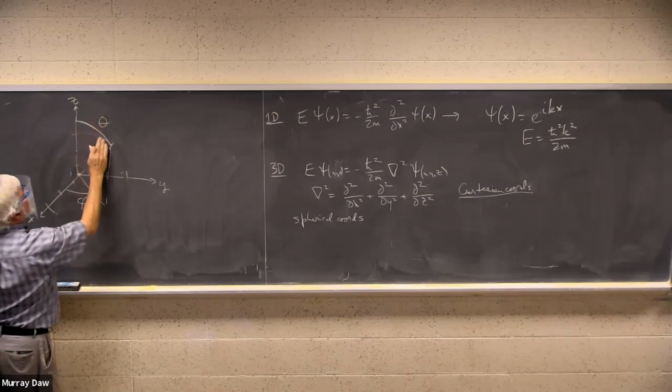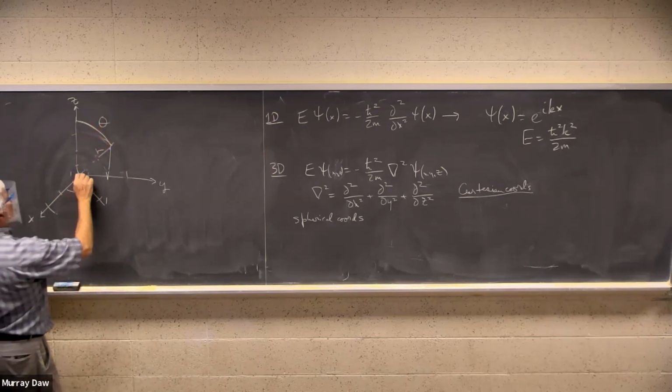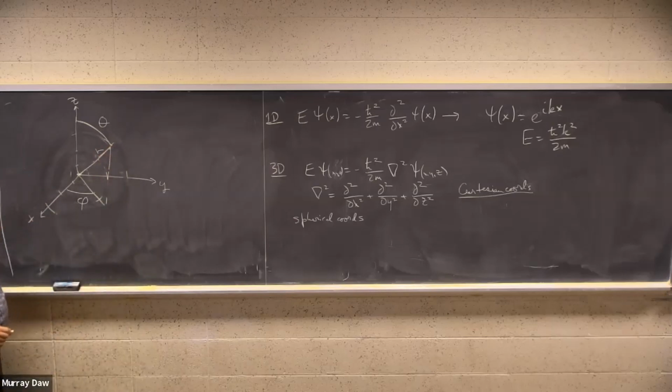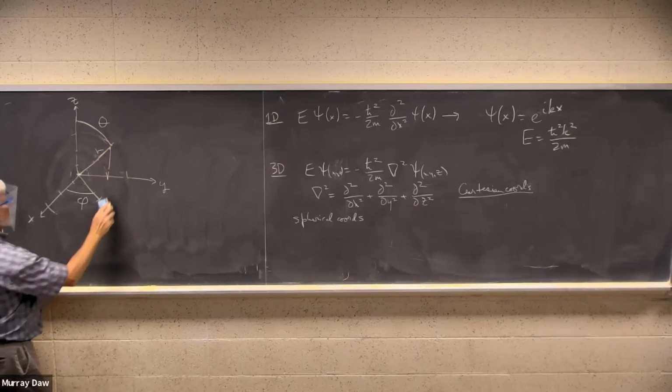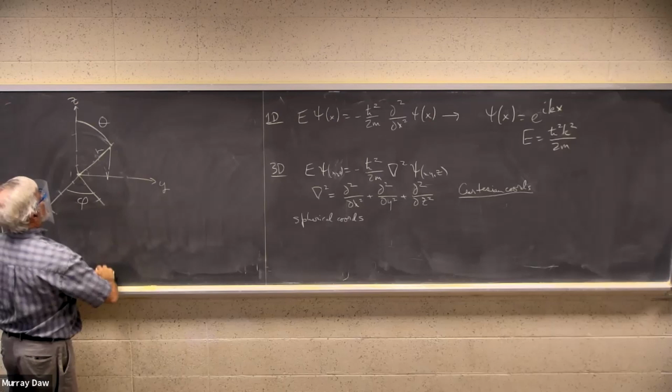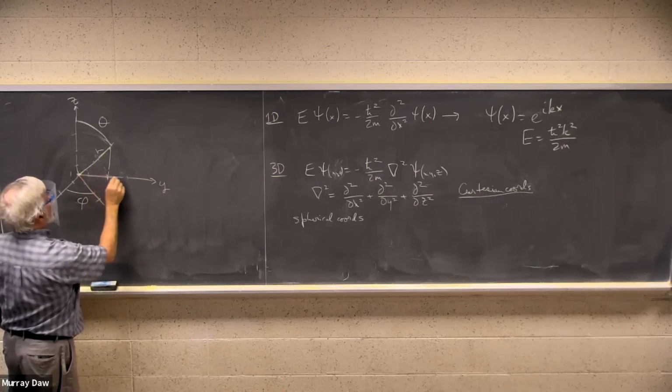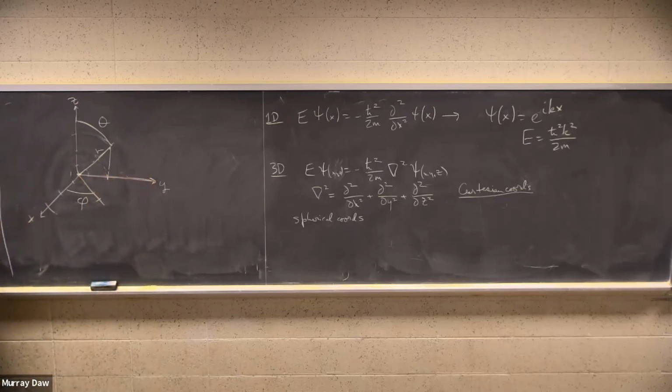We're going to study the spherical coordinate system more when we get to the hydrogen atom, because the spherical coordinates are much better for treating systems with spherical symmetry like hydrogen. So don't worry about the details of the angles. There's 3 coordinates: distance from the origin, and the 2 angles that correspond to longitude and latitude.